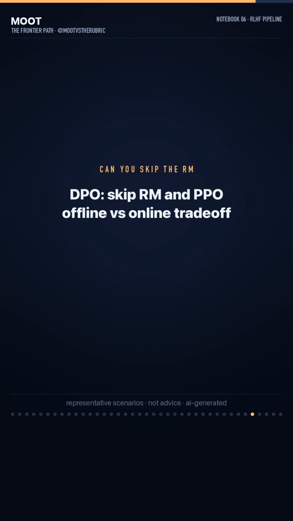DPO is simpler and more stable, no 4-model problem, no reinforcement learning instabilities. But PPO can explore beyond the fixed preference data and improve iteratively, which DPO, being offline, cannot. That online versus offline distinction is the crux of the comparison, and DPO is the next sprint.